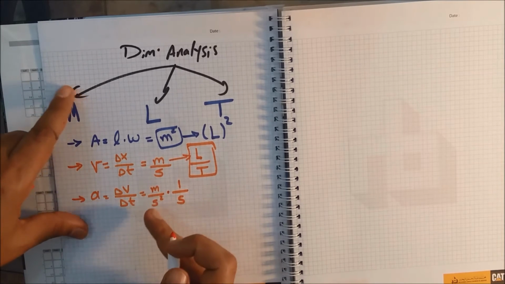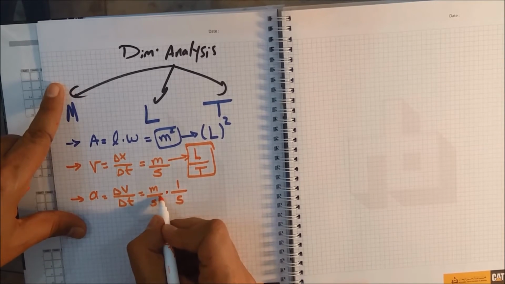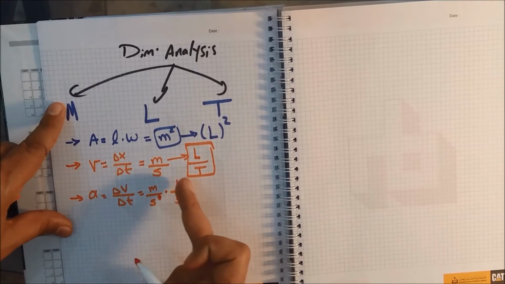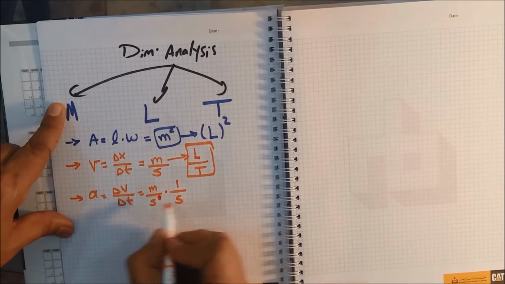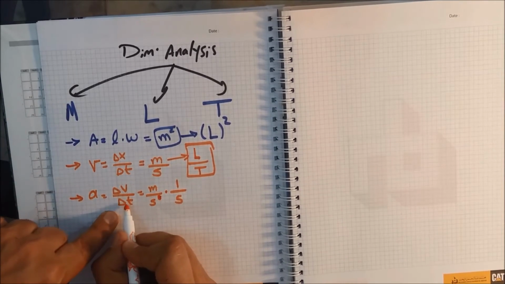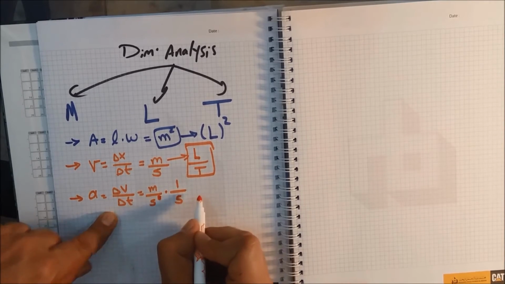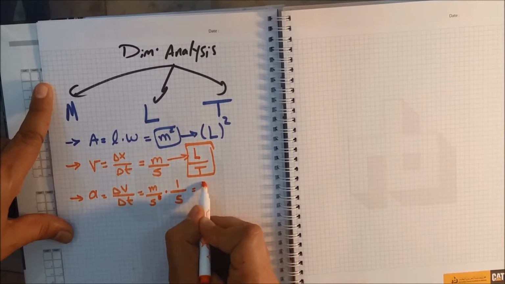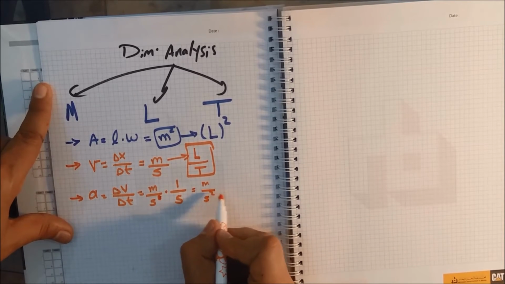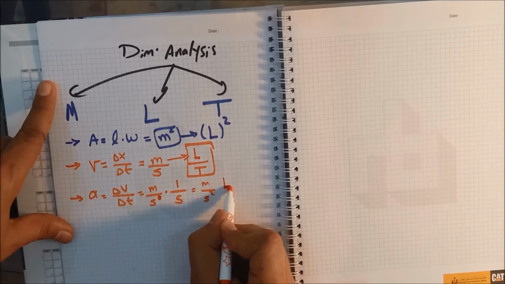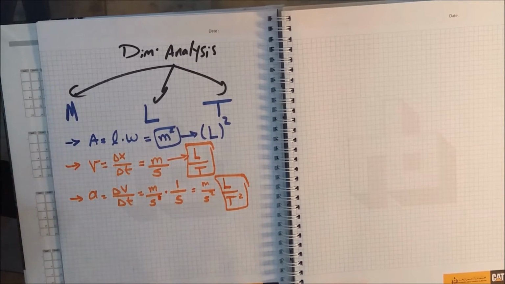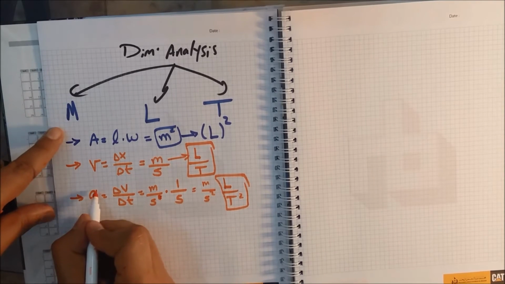It is meters per second, which is the velocity, and 1 over second, which is the time. The time here is down, so it is 1 over second. Then combine both, and you will find it is meters per second square. So let's get the dimensions. It would be L over T square. And this is the dimensional analysis of the acceleration.